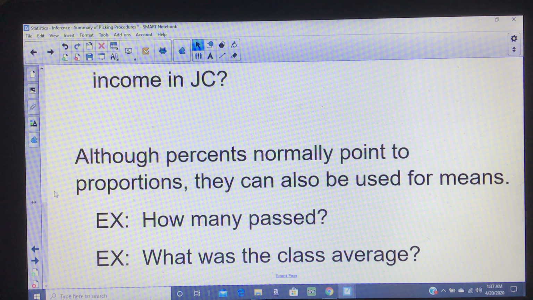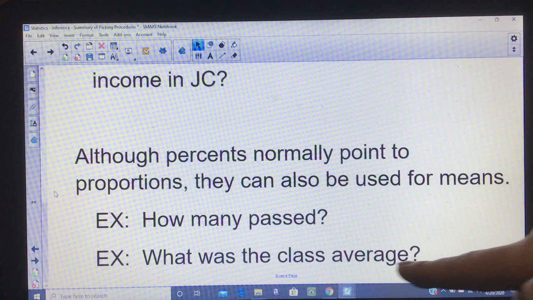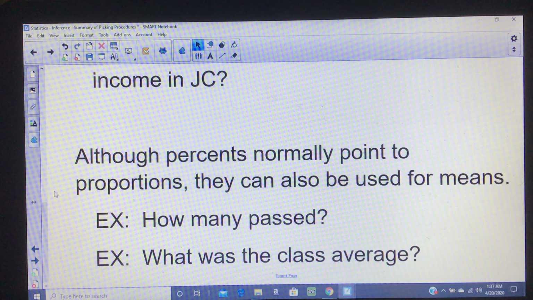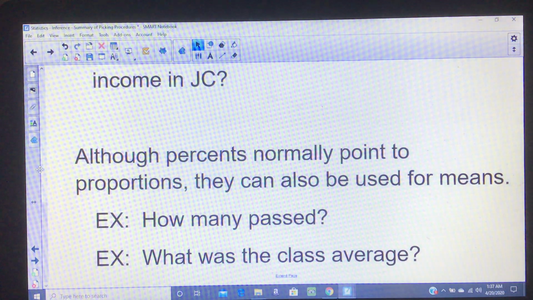Even though grades are percents and percents are proportions, and you'd think, oh, well, wouldn't I use proportions to answer the second part? Just because you see proportions like grades, which are percents, those percents can be averaged, right? So if I'm looking at everyone in a class, everyone has this continuous grade assigned to them.